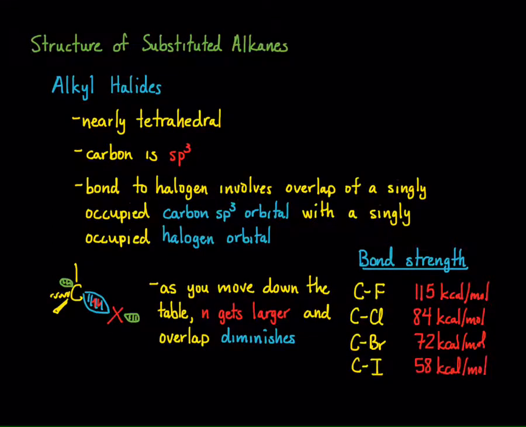So it's very easy to break a carbon-iodine bond, and much harder to break a carbon-fluorine bond. And we're going to see the importance of this later on when we look at the reactivity of alkyl halides.